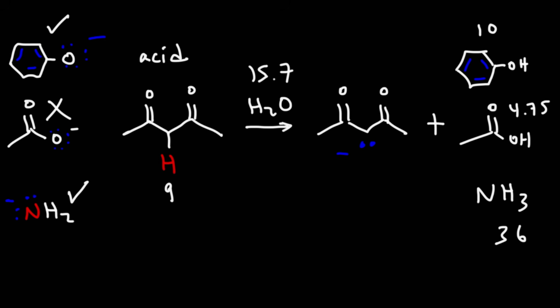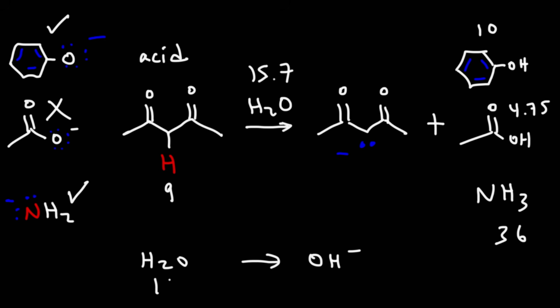Now, we need to find out which base is not strong enough to deprotonate water. So now we need to react them with water. They're going to form the same conjugate acids, but also the conjugate base hydroxide.